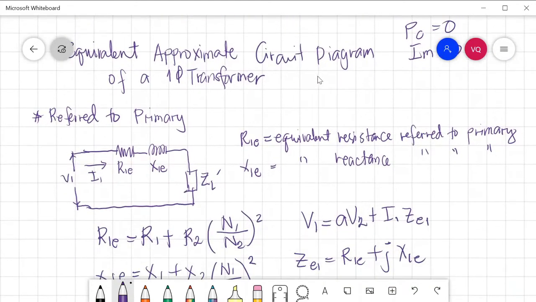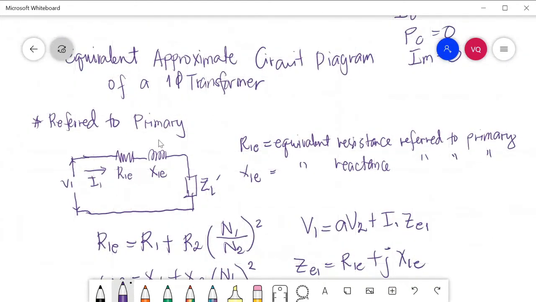So first we will go to the referred to primary. So all of our parameters, the resistance, inductances, will be transferred to primary. So the circuit will look like this. We have R1E, X1E. So R1E is the equivalent resistance referred to primary. X1E is the equivalent reactance referred to primary.